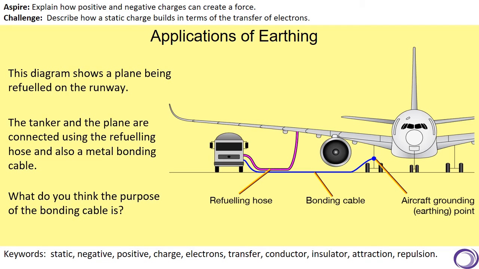That spark could potentially cause an explosion. So the bonding cable will stop the electrons building up on the plane because they will flow back to where they came from to keep both the tanker and the plane neutral. So it will prevent a spark caused by the build-up of static charge.